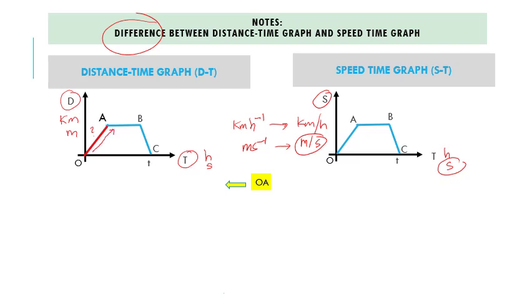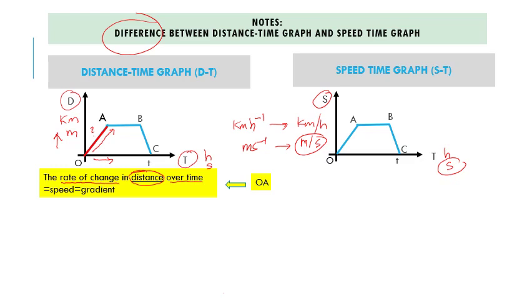So there is a change in distance over time. So there is a rate of change. There is a rate of change in what? In distance over time. So it is actually the speed.